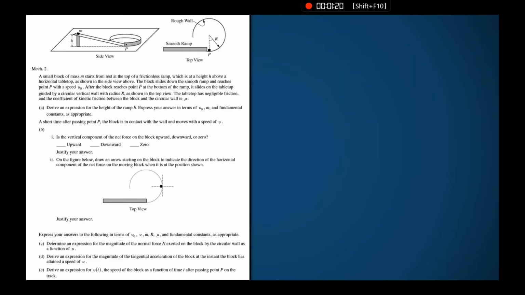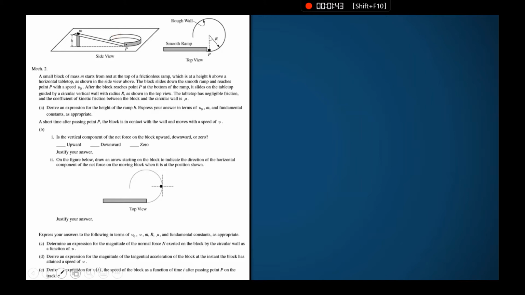So it slides down the ramp and then gets turned by this circular guiding rail while it's on the desk. The tabletop has negligible friction, and the coefficient of kinetic friction between the block and the circular wall is mu.